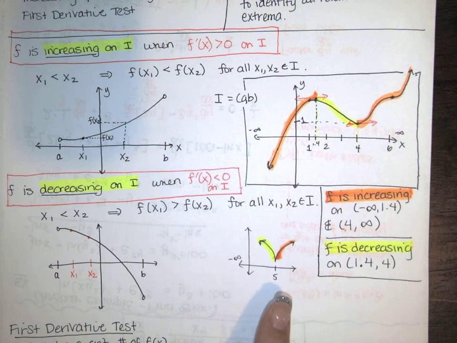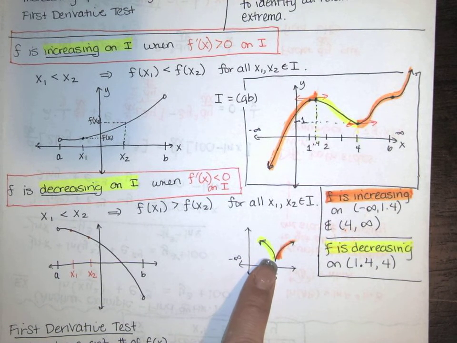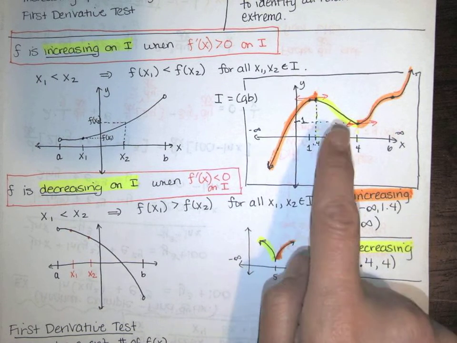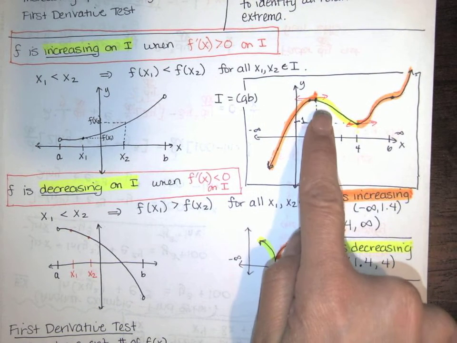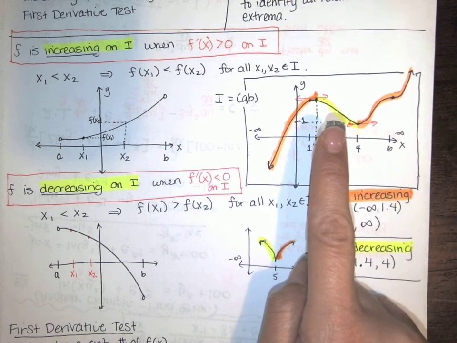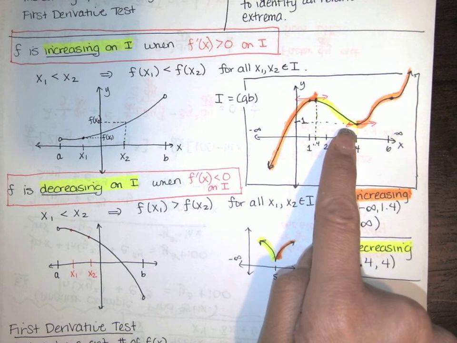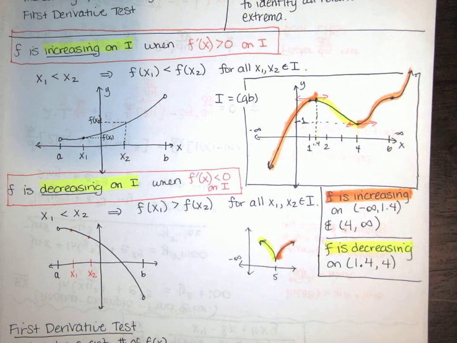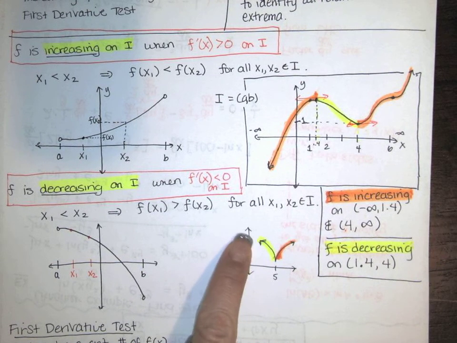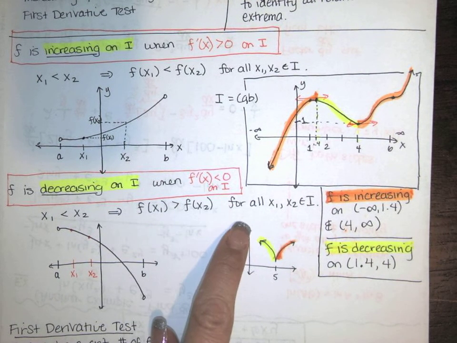So if the function goes from decreasing to having an undefined slope, a sharp corner, to increasing, we get a minimum. Well, it's kind of the same thing that happened here. It went from decreasing to 0 slope to increasing, or negative first derivative to 0 first derivative to positive first derivative. This is decreasing, so the first derivative is negative.